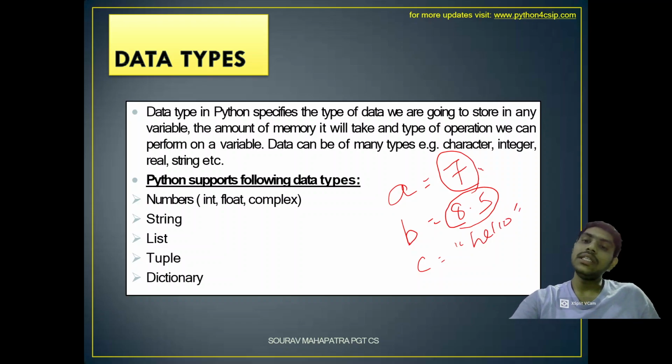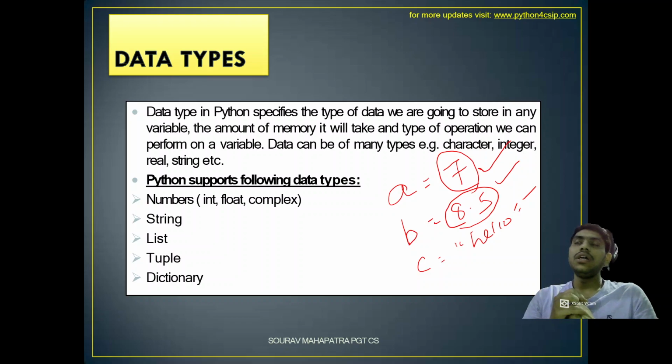So you can see these are the different types of values we can store when we are doing different types of operations in a program. It may be integer, floating point number, complex number, string, list, tuple, dictionary, whatever it is. But we have to use it in our program.